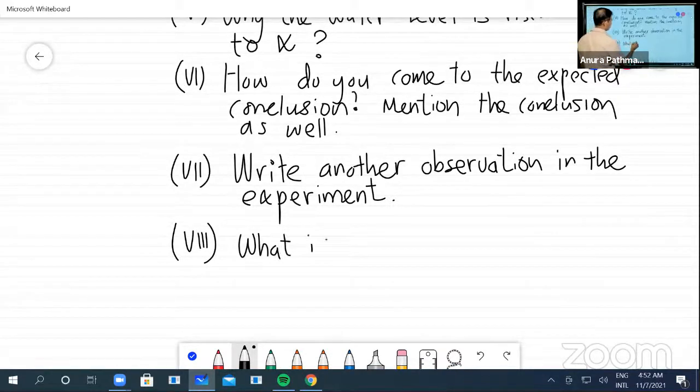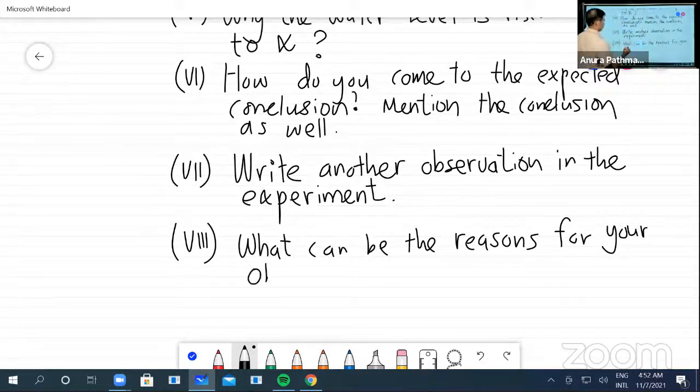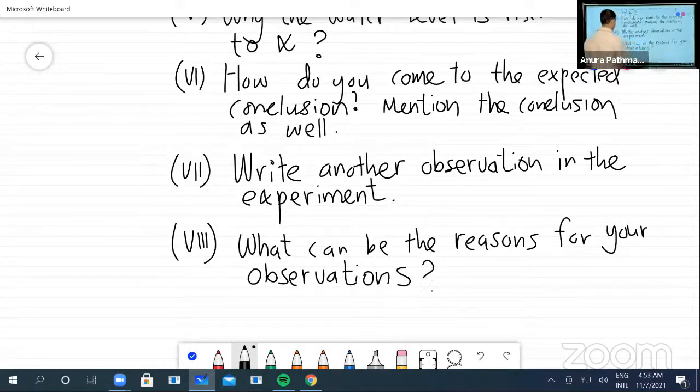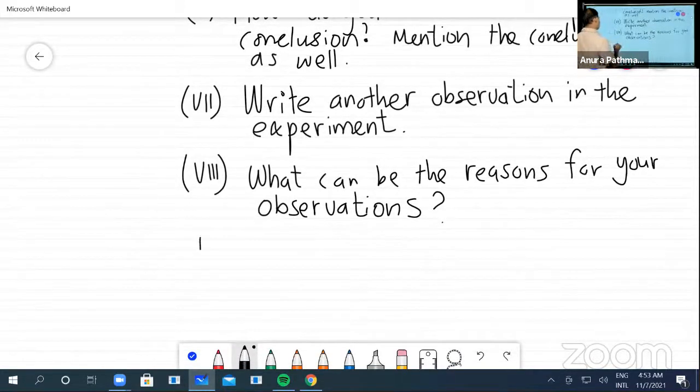What can be the reasons for your observations?